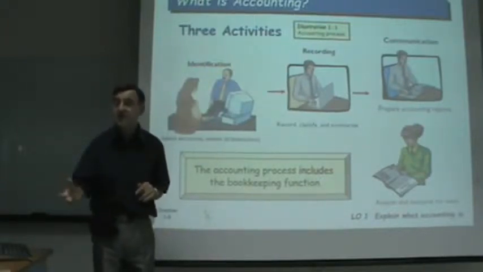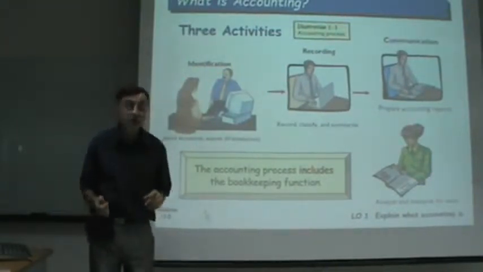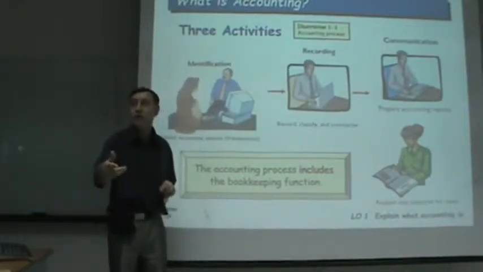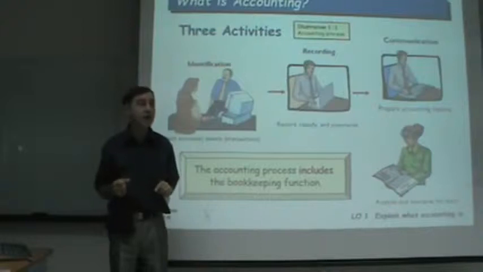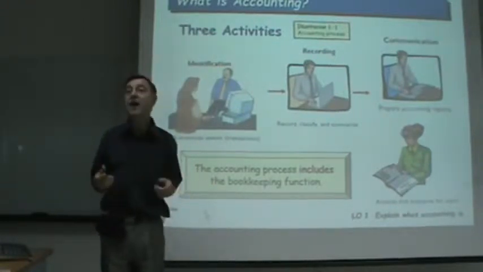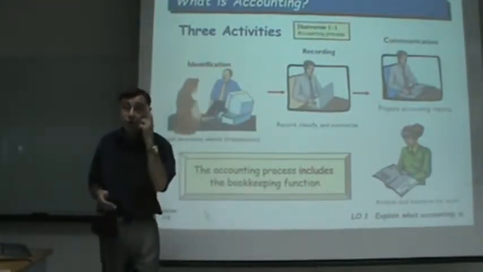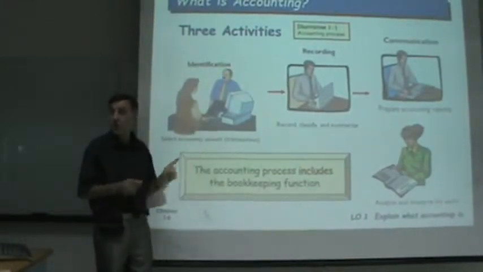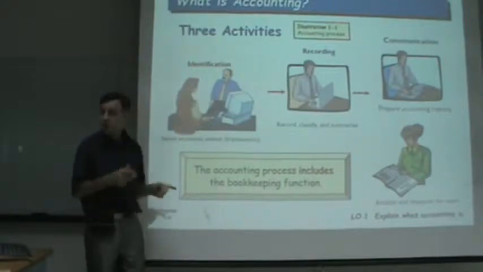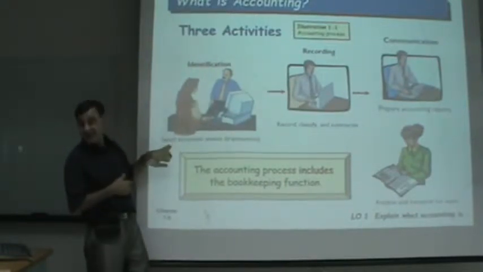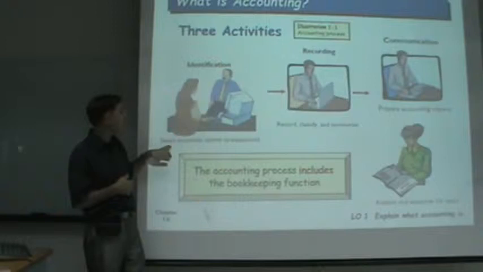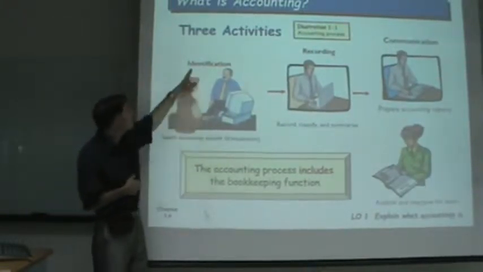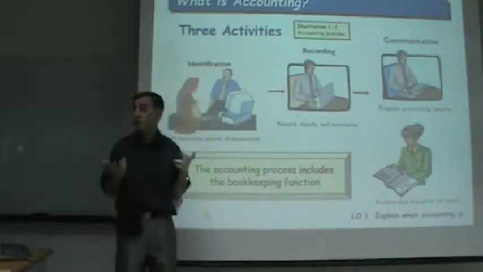You got a business, the chair is broken. You have to choose, do we record broken chair or not, okay? You got a business, you buy a new computer. You choose, do we record new computer? Choosing, selecting whether to record or not to record the transaction, that's the identification.